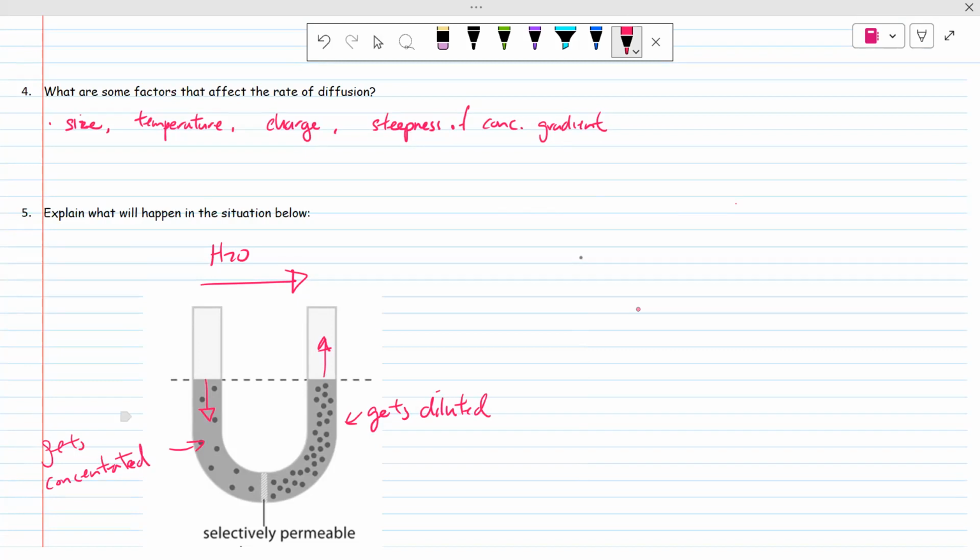That's right. It will continue to suck water to the right side until the concentrations are the same, until the concentration reaches equilibrium. Okay, very good.